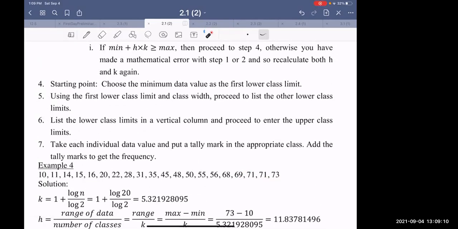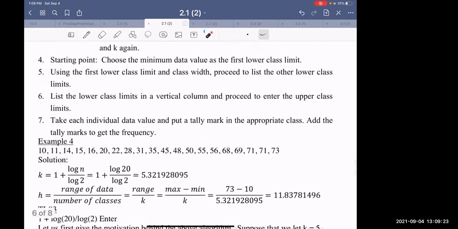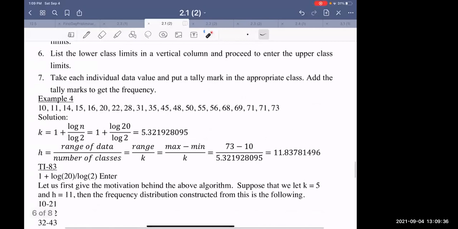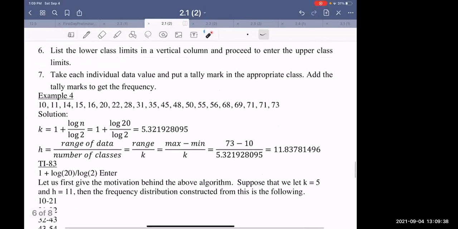so that you can include all your numbers, so that the largest number, the 73, is less than or equal to the 5th of these classes of width 11. Well, but in this case, notice the 65 does not include all these numbers.